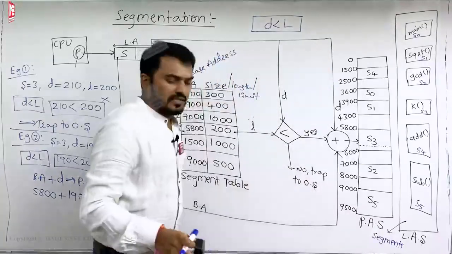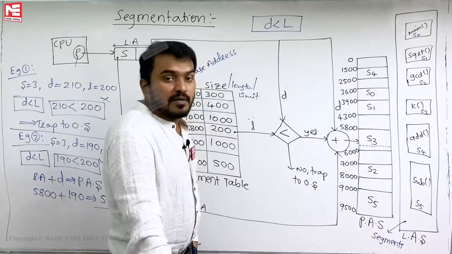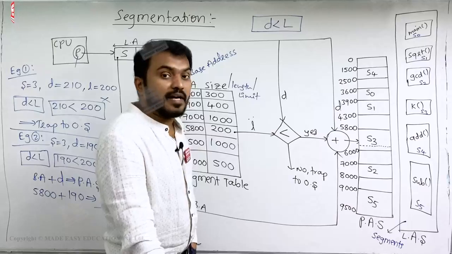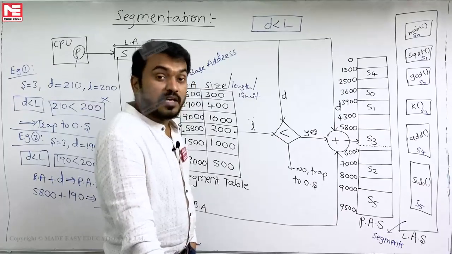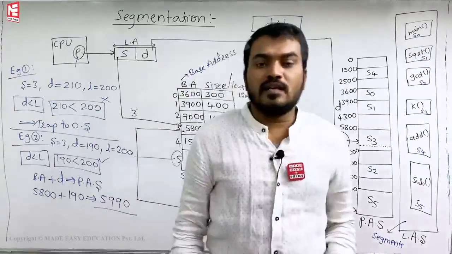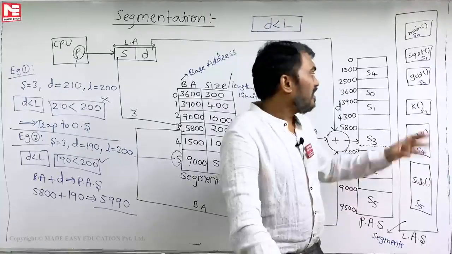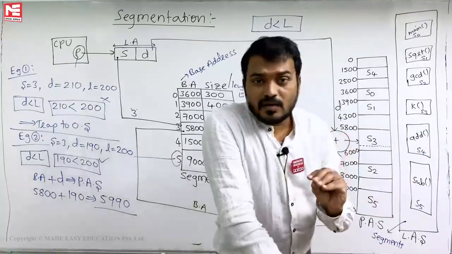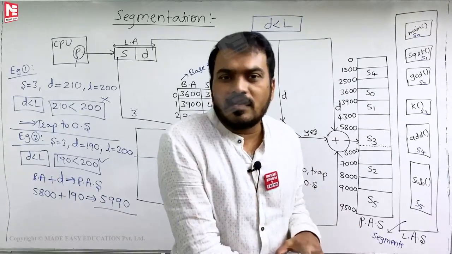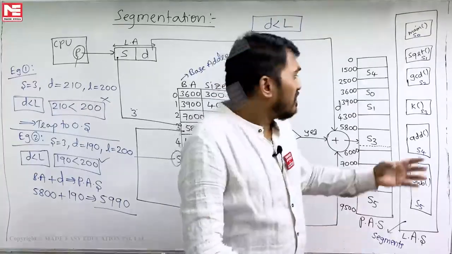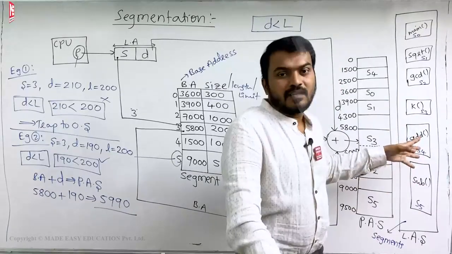And the next important point here, listen carefully. You should make a guess; actually, you should have an idea about this point. I gave you a reasonable hint to guess it. What is the important point here? I told you clearly that the LAS will be divided into various segments, and the segments of the LAS will vary in size.